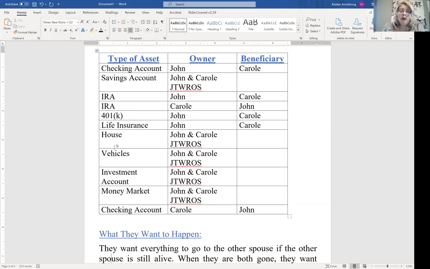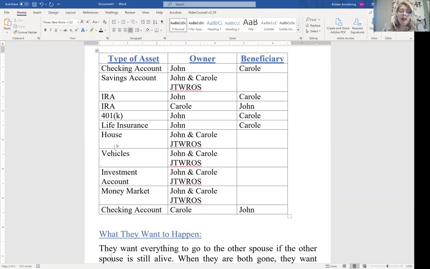Notice that there is no beneficiary on the house. Thus, the house would go through probate in order for anybody to be deemed the beneficiary or the heir of that house. The vehicles are also owned joint tenants with rights of survivorship. There is no beneficiary on the vehicle titles either.